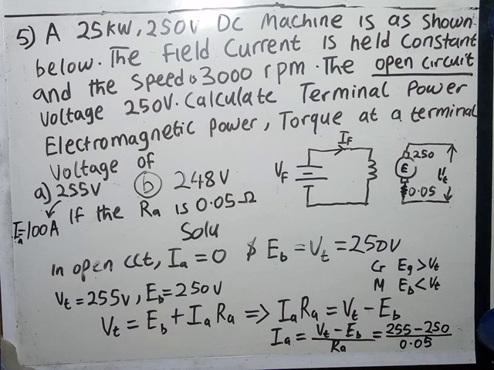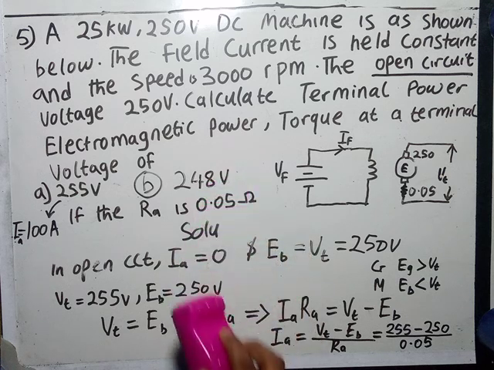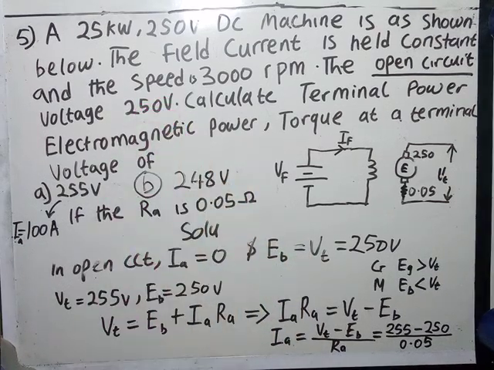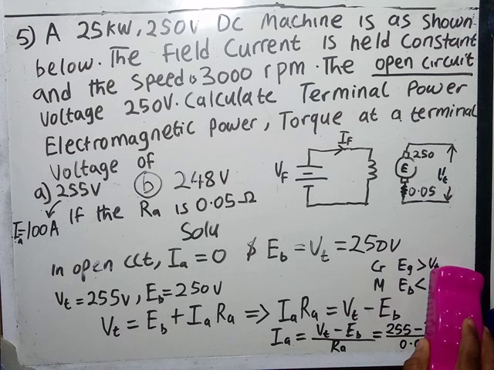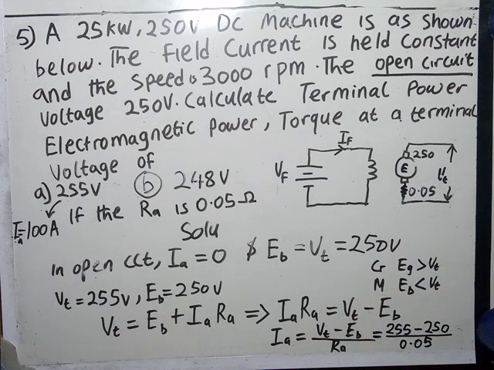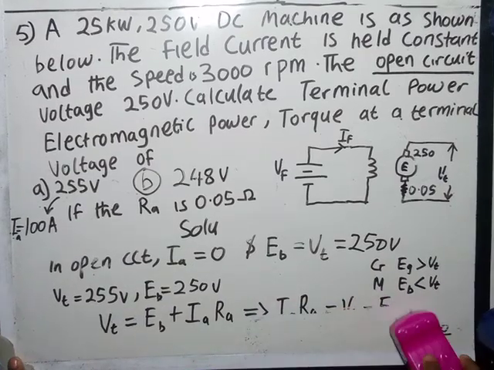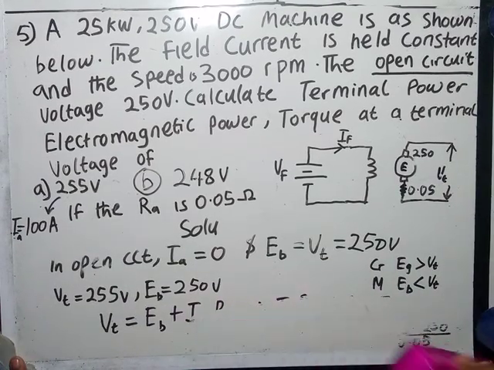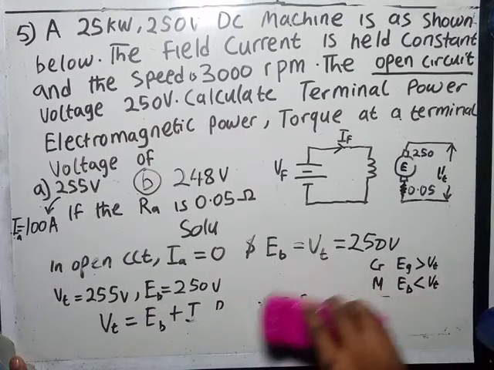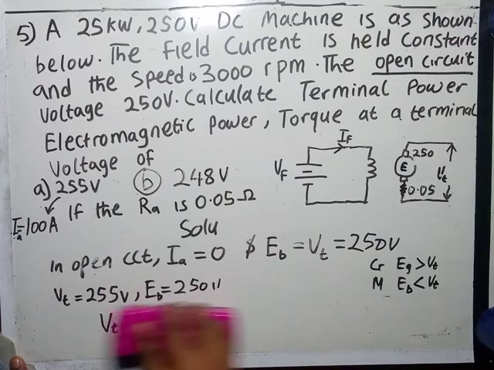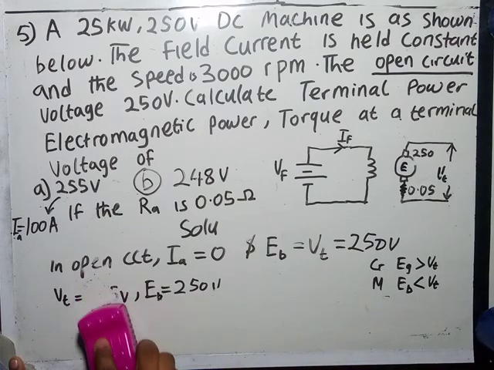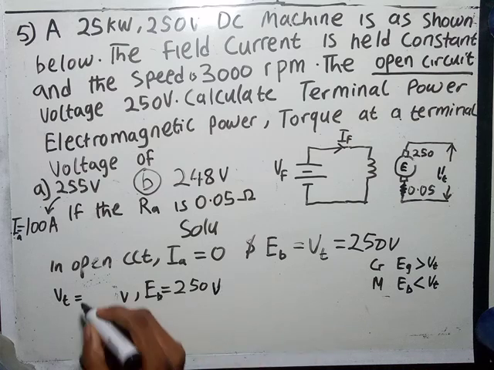Now for the second one, here we can see that Vt is now less than E, so we'll be using the generator's equation.